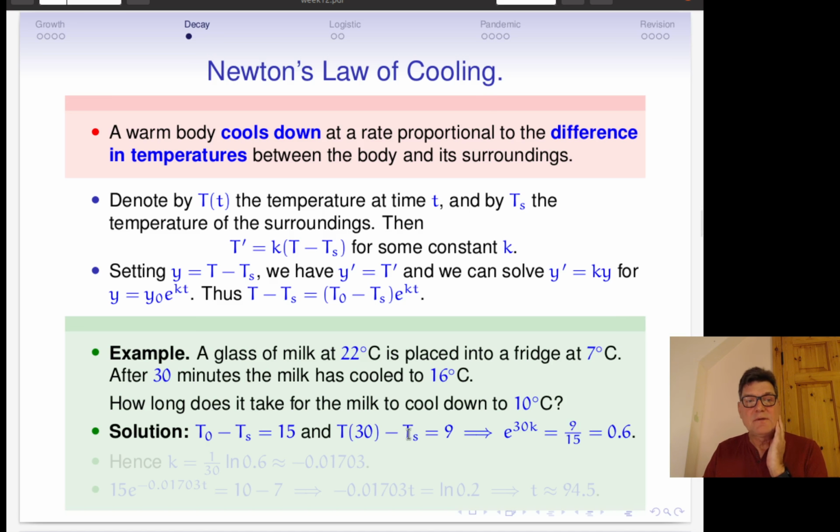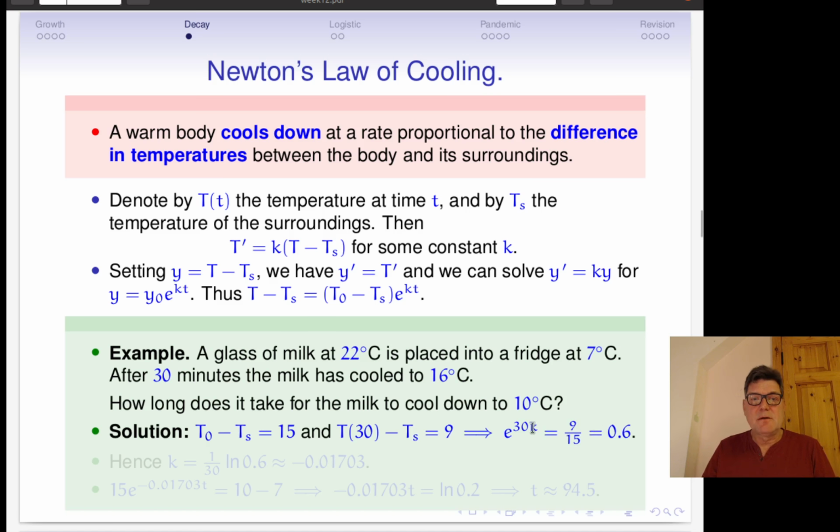So T30 minus the surrounding temperature is 9, from which we conclude that, in the same way as we did before, substituting the value 30 into this form of the equation, we get e to the 30k is the quotient of these two differences, which we just determined. e to the 30k is 9 divided by 15, which is 0.6.